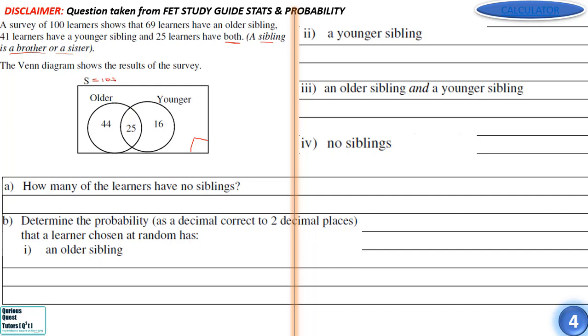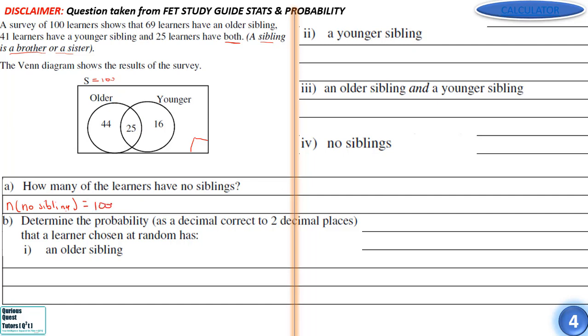So in other words, out of the total learners in this school, we need to subtract all these people that do have a sibling so that we can figure out those that do not have a sibling. So I'm going to denote it like this: no sibling, in just simple terms, so that we can get it right. I hope you agree that we need to take out all this sum from the 100 there, which is the sample space.